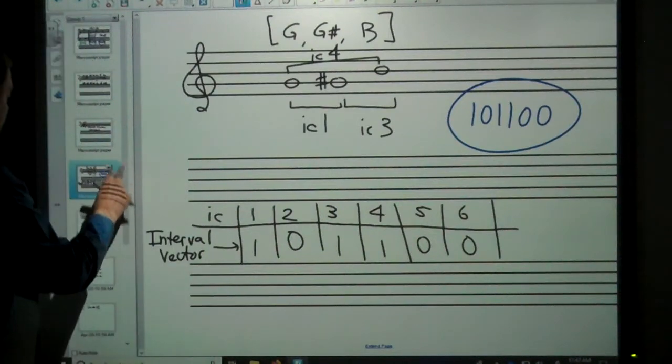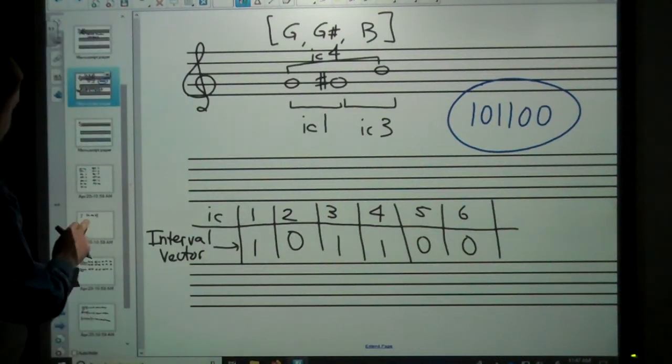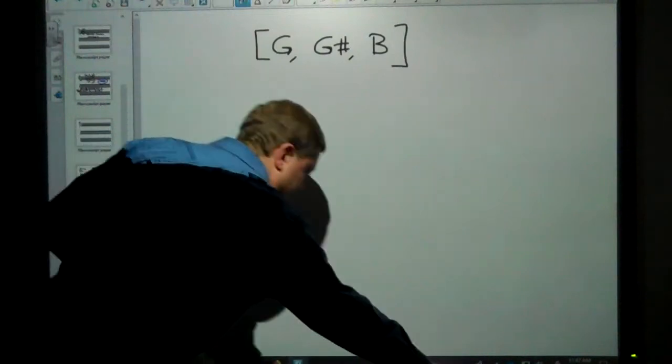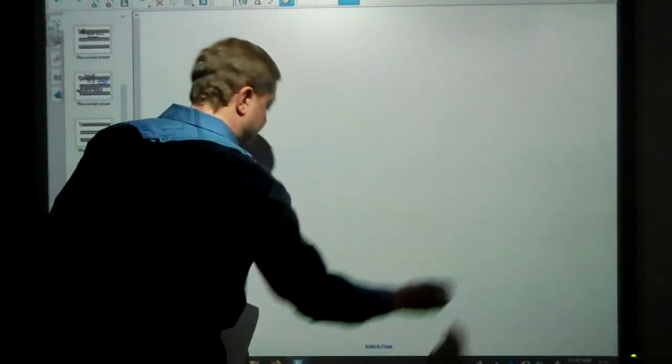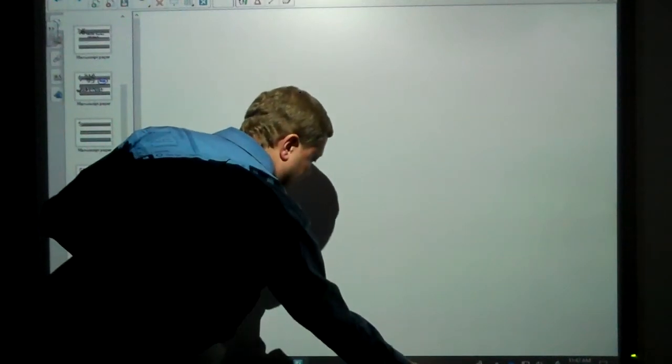If you do not have a staff, generally the easiest way to find your interval classes and the interval vector of a set is to use the prime form of the pitch class set.